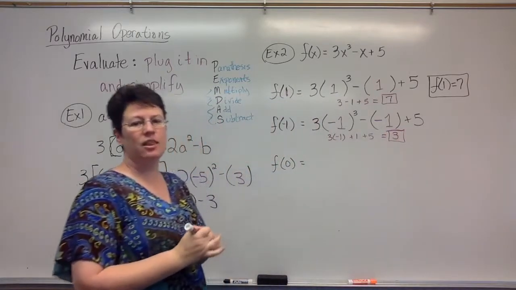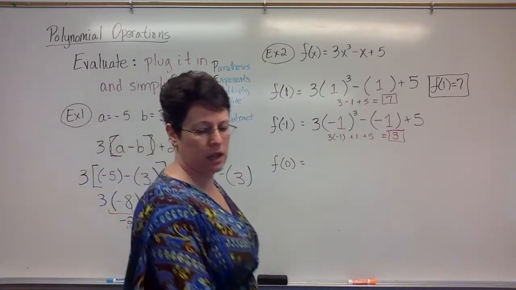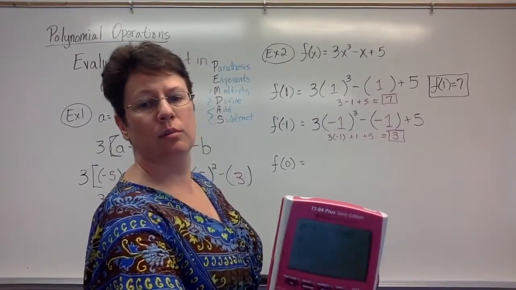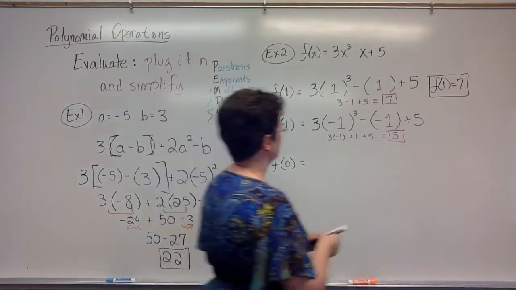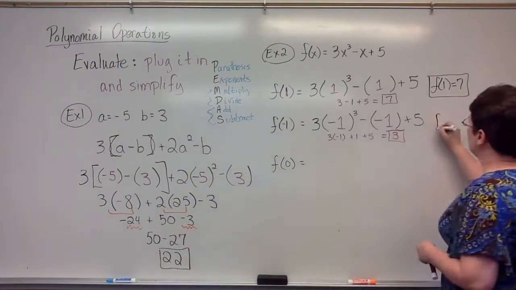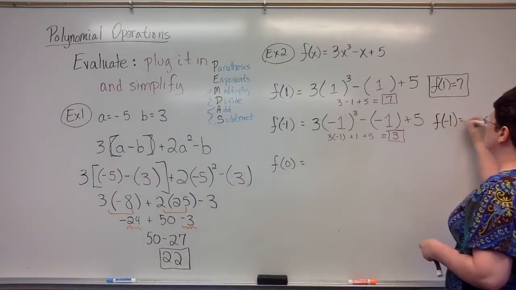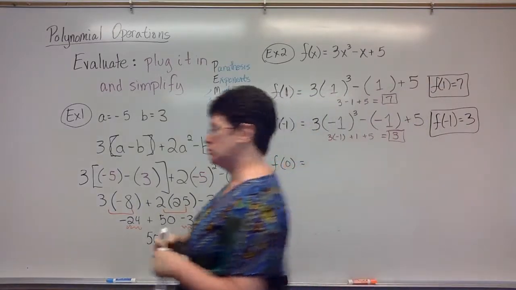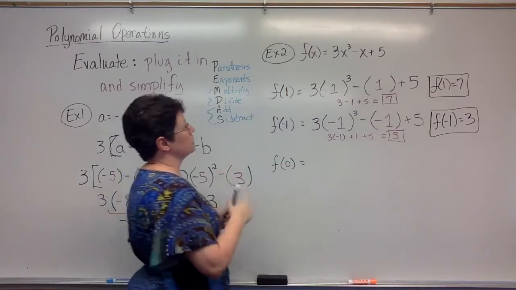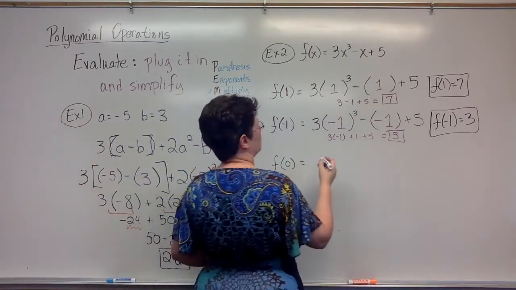If we didn't get 3 when we plugged it into the calculator, which, by the way, I did, okay? So I would write that f of negative 1 equals 3. That tells me I plugged in a negative 1. Okay, let's do the last one. Plug in a 0.